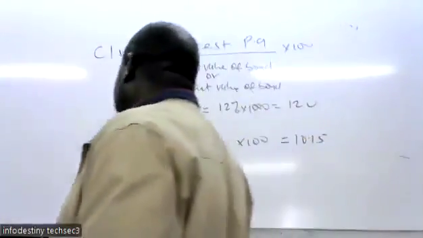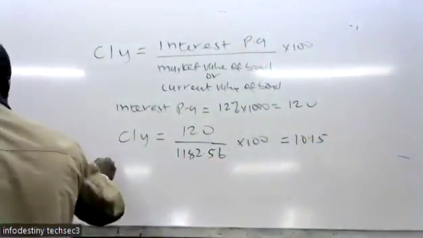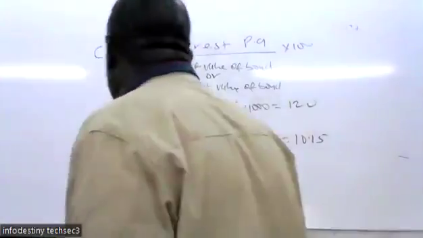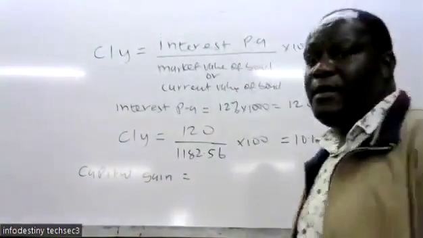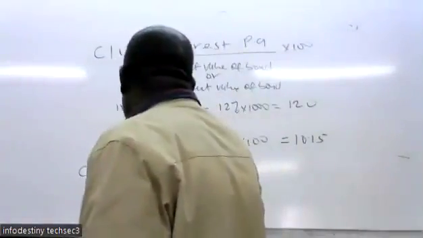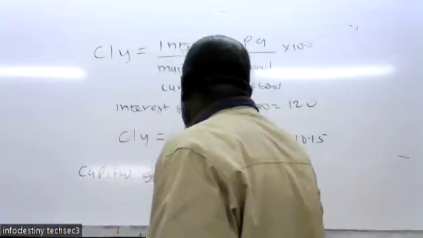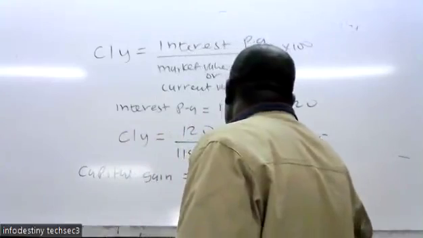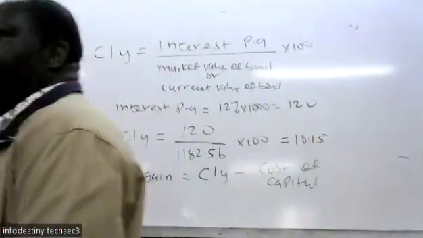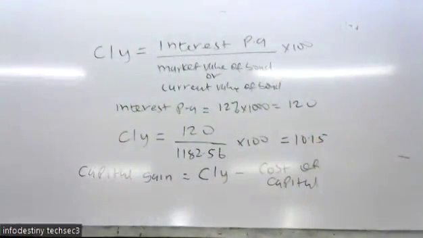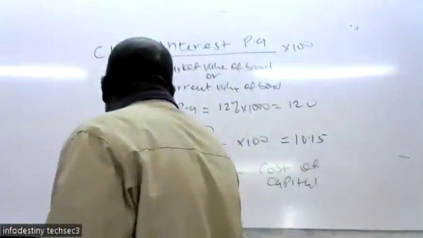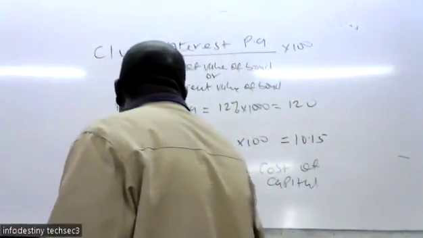Capital gain will simply be equal to the current yield minus the cost of capital. So the current yield, what did we say? 10 point what?